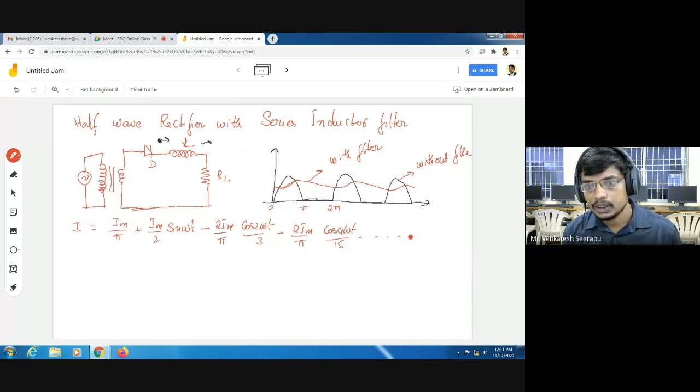So this is the output equation for the half-wave rectifier with inductor filter.